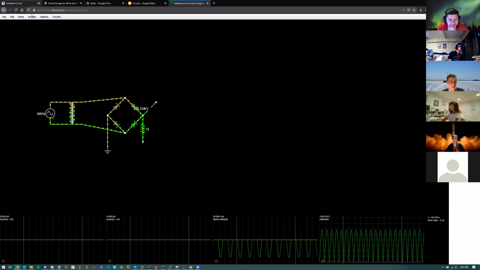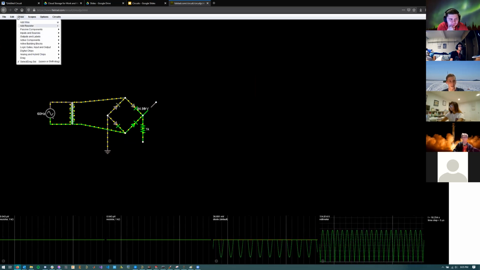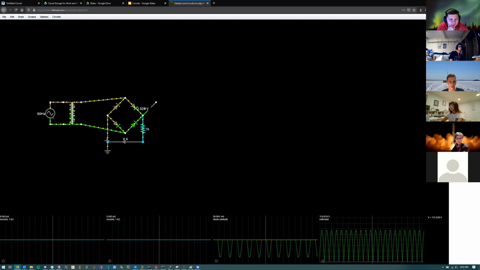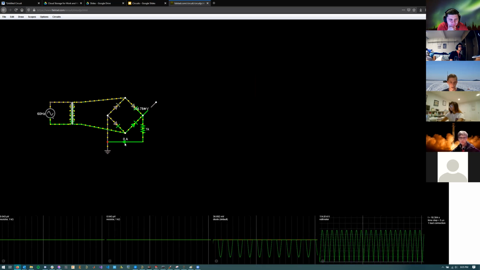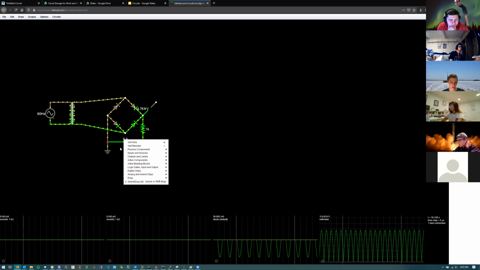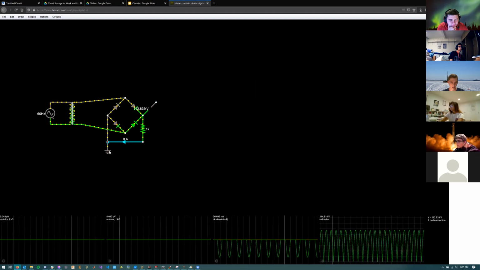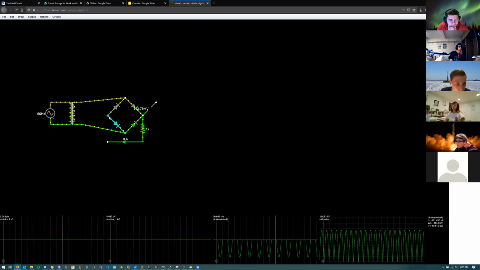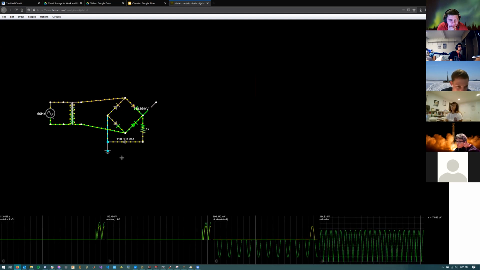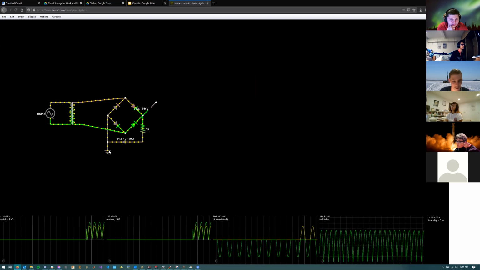Draw. Put some labels, ammeter. Okay. Something's not connected. Oh, that's why. Ah, there we go. It wasn't properly connected.